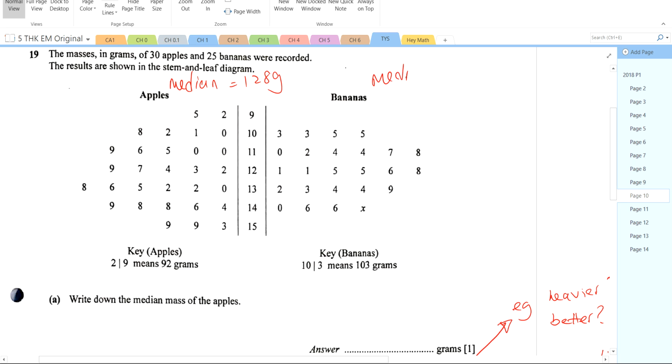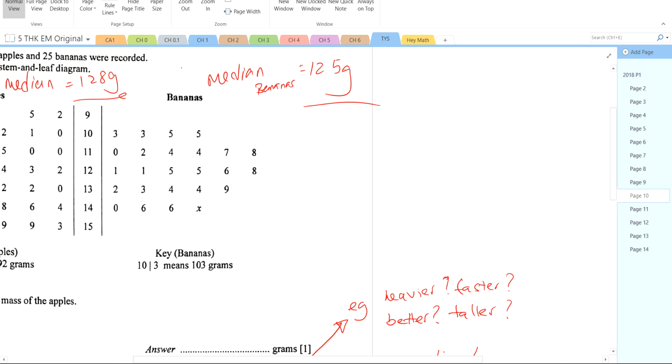Median for bananas equals 125 grams. So based on these two, we are going to compare their performance. So which one is generally heavier? Apples are generally heavier because the median of 128 grams is higher than the median of bananas of 125 grams. Okay, that is for performance.